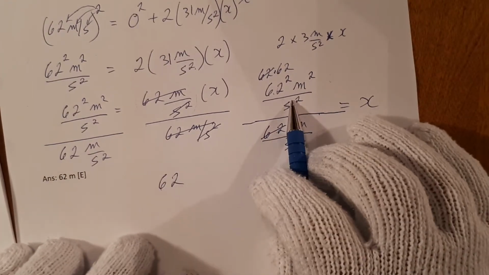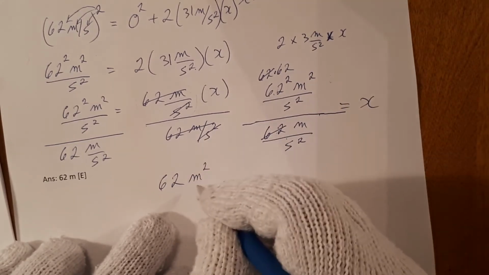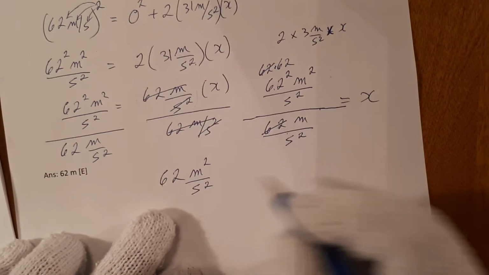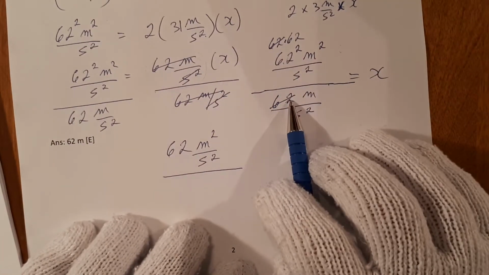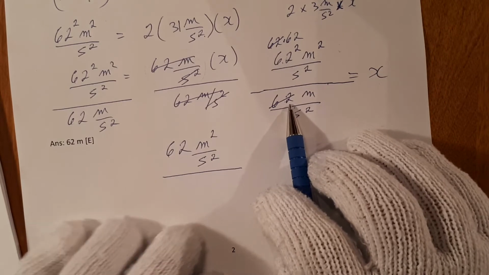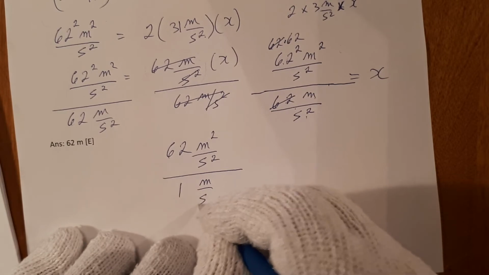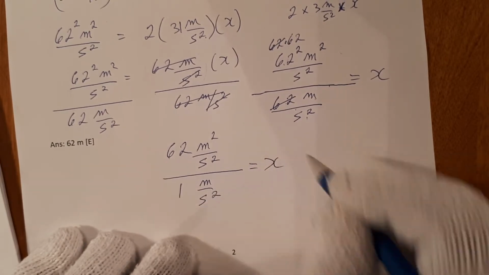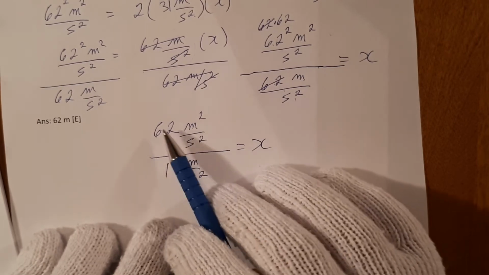And looking at the units, in the numerator we have meters squared per second squared, divided by, well, 62, they cancel out, but they still have 1 left over. 1, and looking at the units, meters per second squared is equal to x. And we've got to look at the units as much as you look at the numbers.